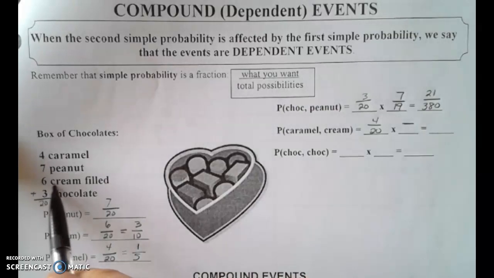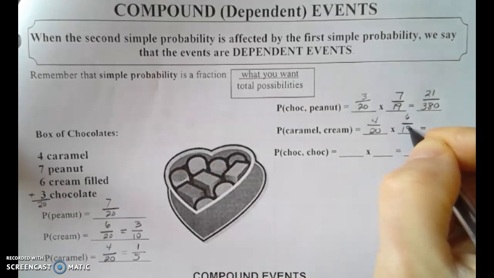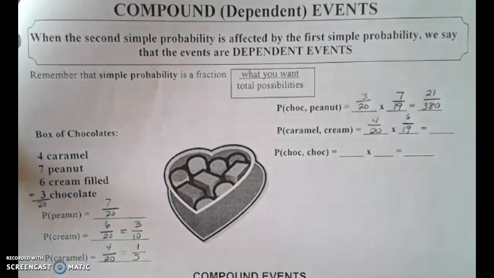There are 6 of those, and there's only 19 left in the box, so now the probability is 6 out of 19. We multiply those together. That's going to be 24 out of 380, but that will simplify down to 6 over 95. Both 24 and 380 were divisible by 4.